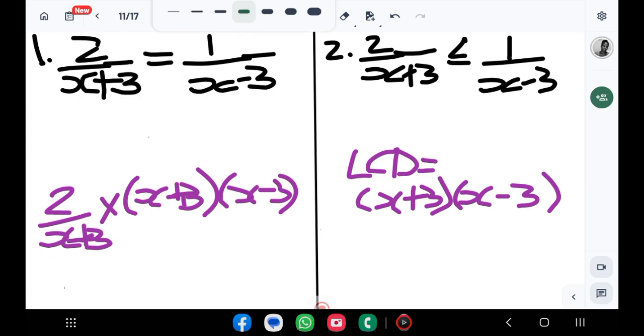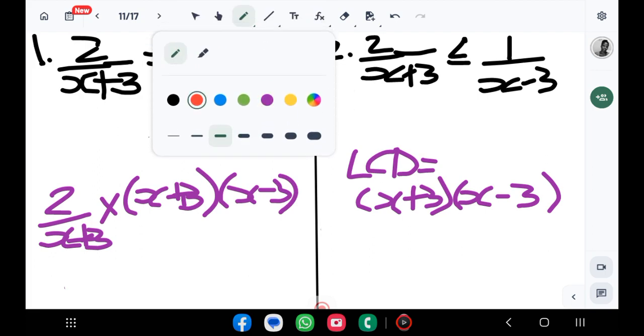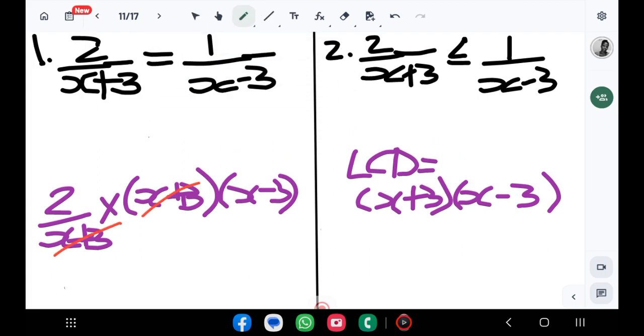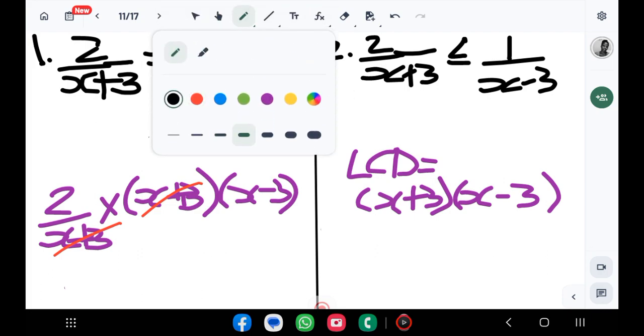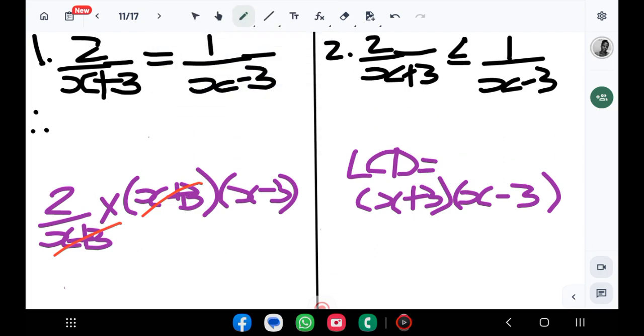Now x plus 3 cancels out with x plus 3, so you're left with 2 times x minus 3 on the left hand side. This is the equation, by the way.